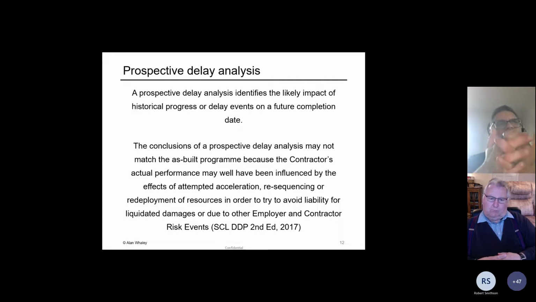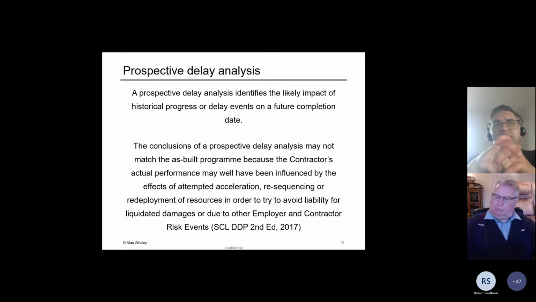So the Society of Construction Law says this: a prospective delay analysis identifies the likely impact of historical progress on delay or delay events on a future completion date. But the issue to note is that the conclusions of a prospective delay analysis may not match the as-built program because the contractor's actual performance will differ.